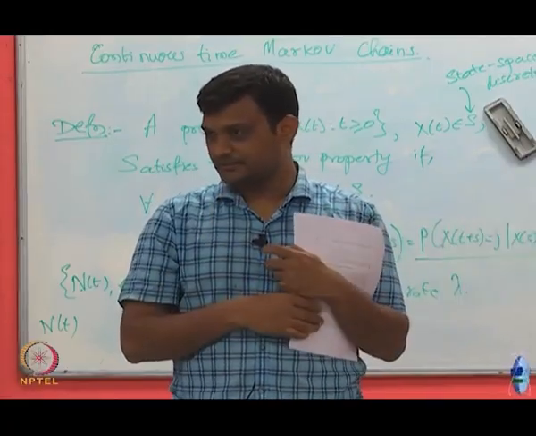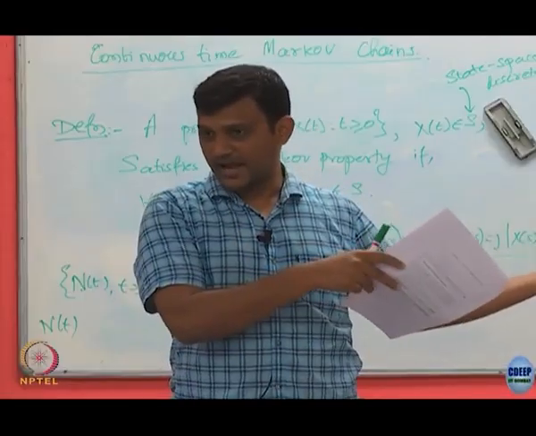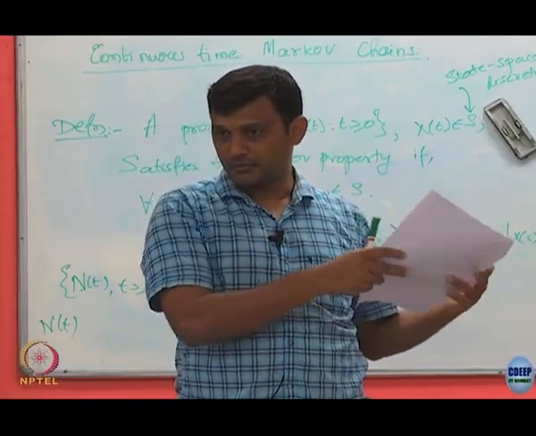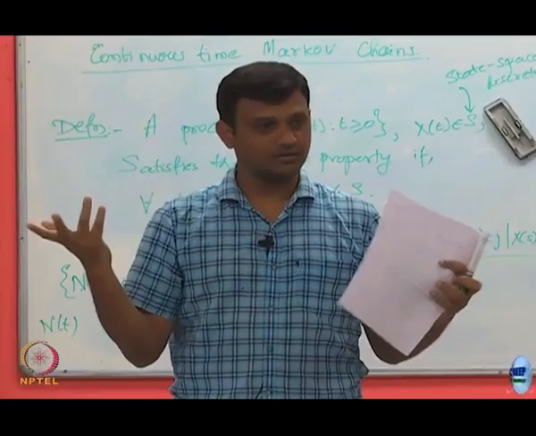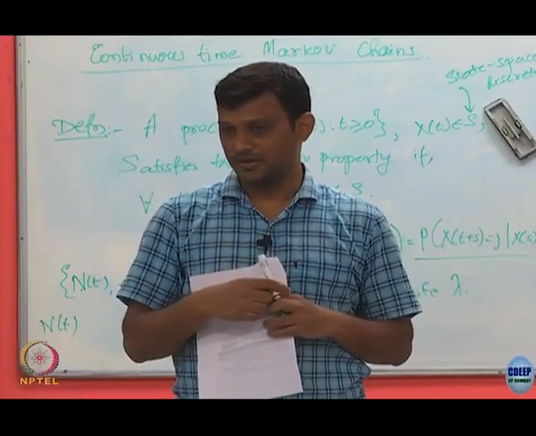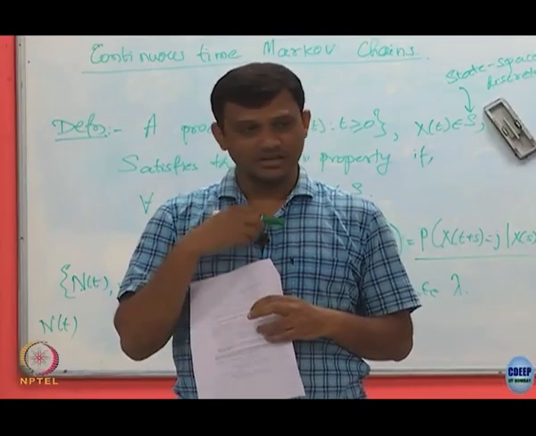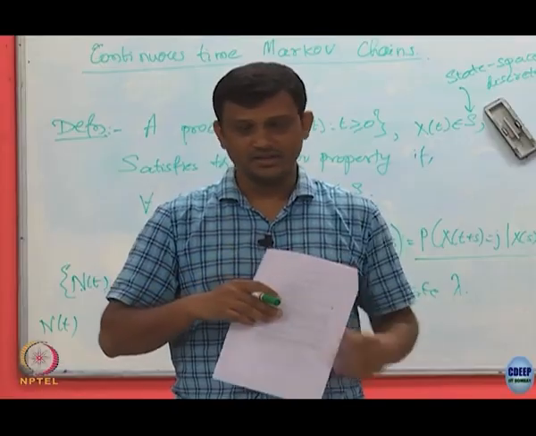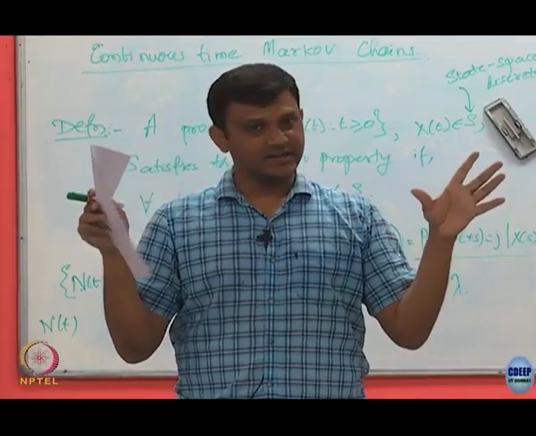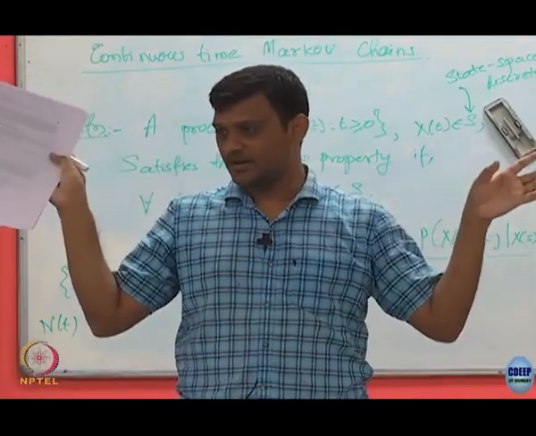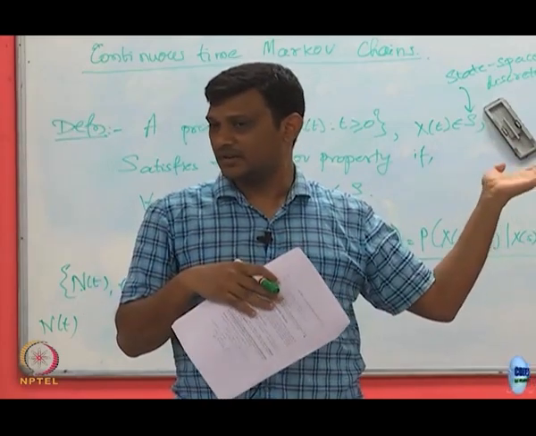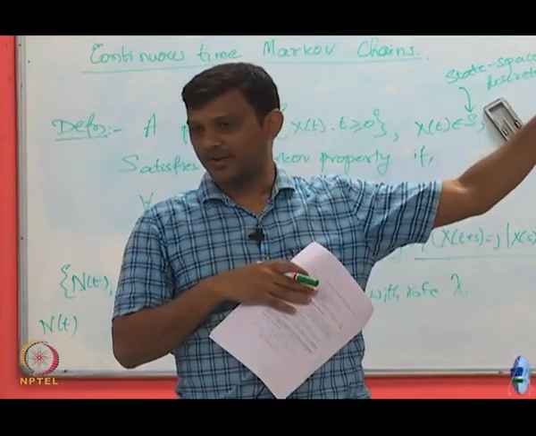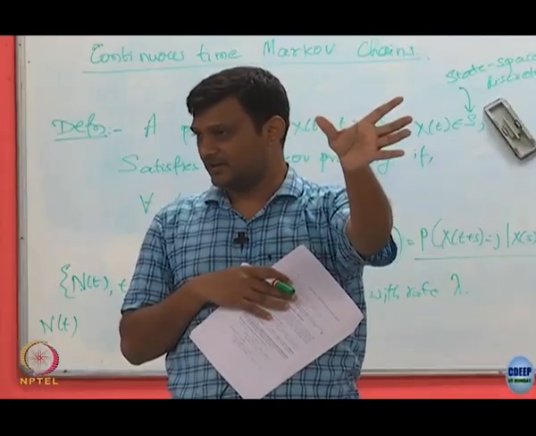Then in that case, I actually needed to know what has happened before I can say what is the probability that this is going to happen in this interval. So there is no Markov property there. But in the Poisson process, since increments in disjoint intervals are independent, I don't need to know what happened before to say what is happening in the current interval.